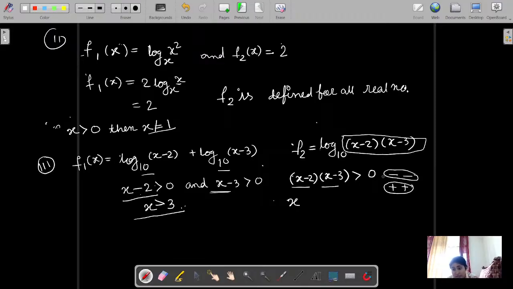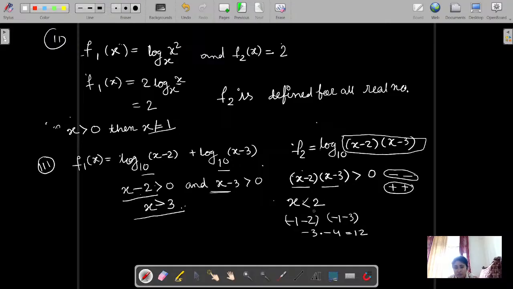If I consider the first condition, which is both negative, suppose I take x less than 2, means if I choose 1, minus 1, minus 5. Suppose I'm choosing minus 1, so minus 1 minus 2, and here minus 1 minus 3. So this is minus 3 and this is minus 4. If I do the product, I will get plus 12.